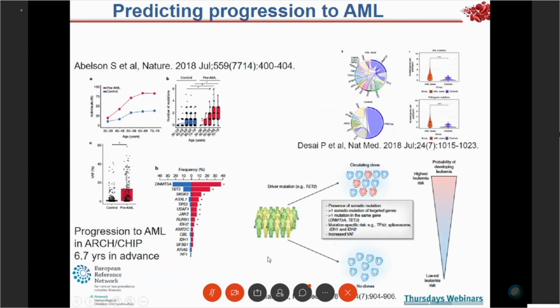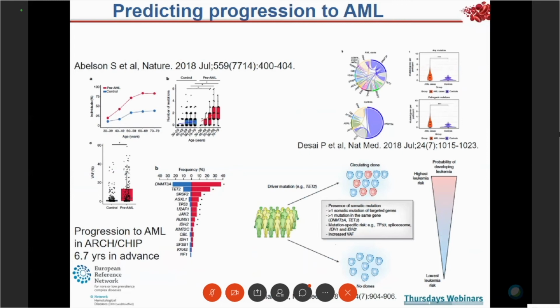On the other hand, the presence of CHIP may predict a progression to MDS and AML by, again, the number of mutations and the variant allele frequency, so that you may predict even some years in advance whether this patient will have a progression to AML or MDS, if they have more than one mutation, what is the mutation-specific risk.